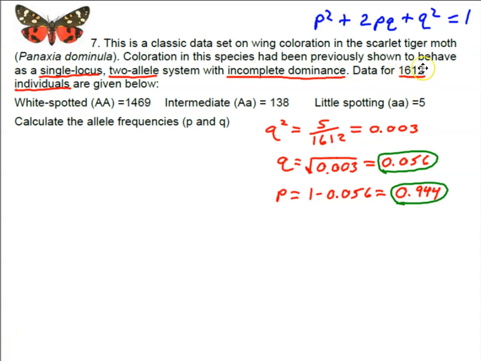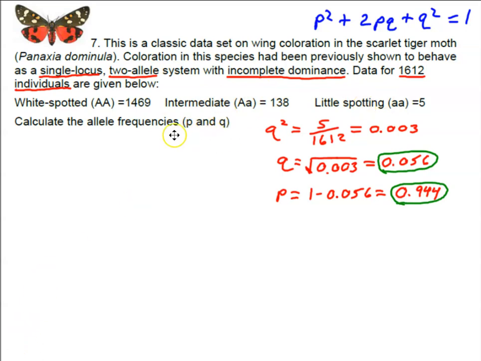So 1,612 individuals: 1,469 are homozygous dominant, 138 are heterozygous, and 5 are homozygous recessives. And because this is incomplete dominance, we can actually see that from the phenotype. In other words, these are phenotypic. These are the numbers of these 3 different phenotypes in the population.